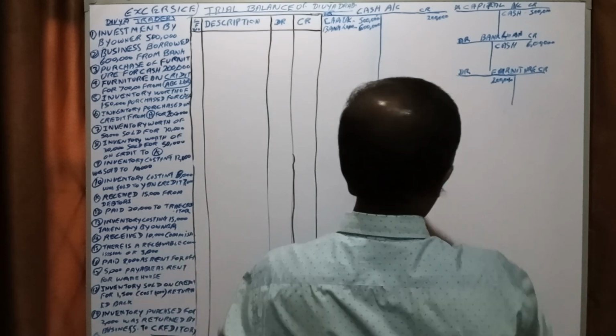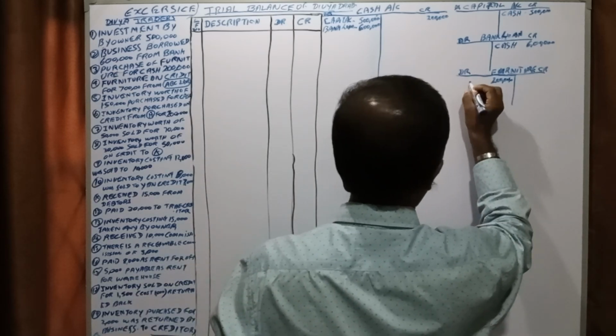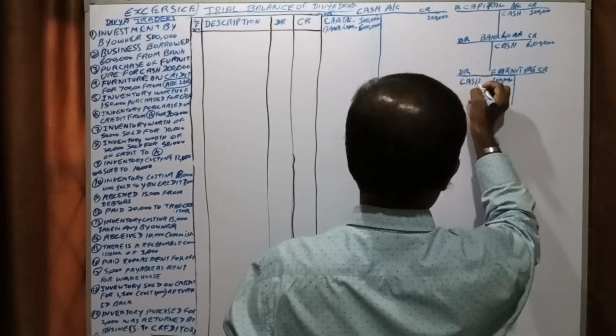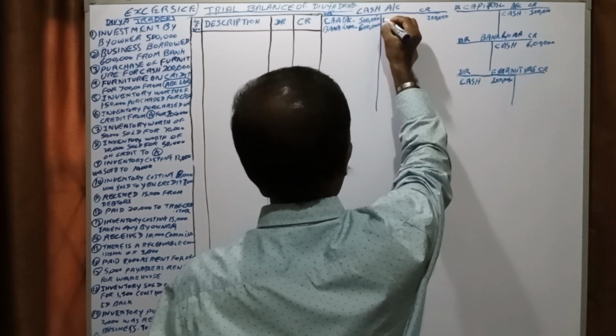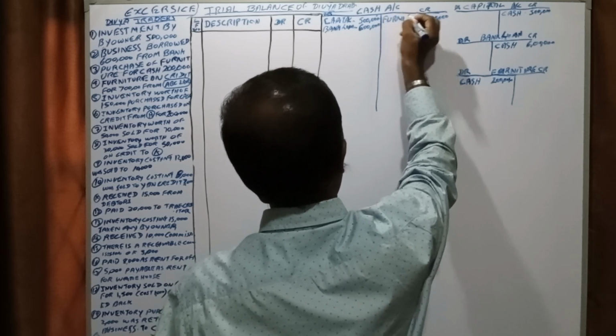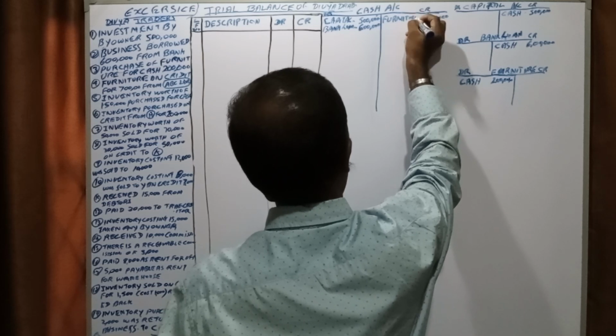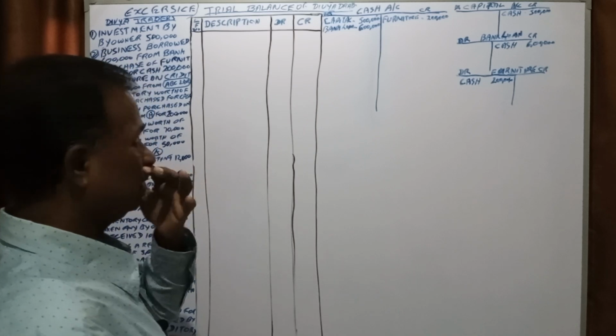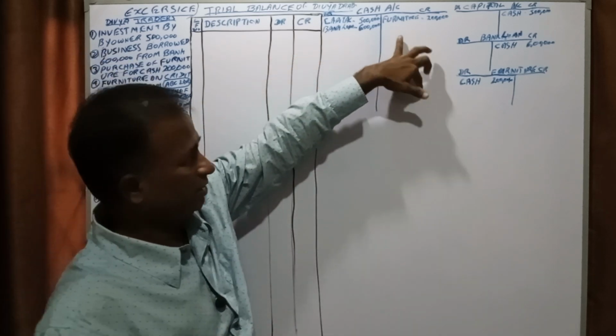The reference is given here: to furniture, you say cash. Here you say furniture. Then the double entry is completed.